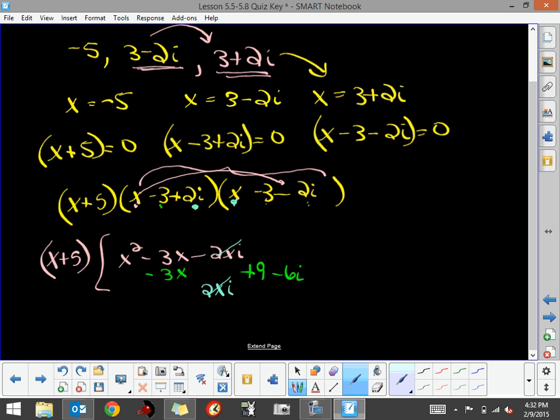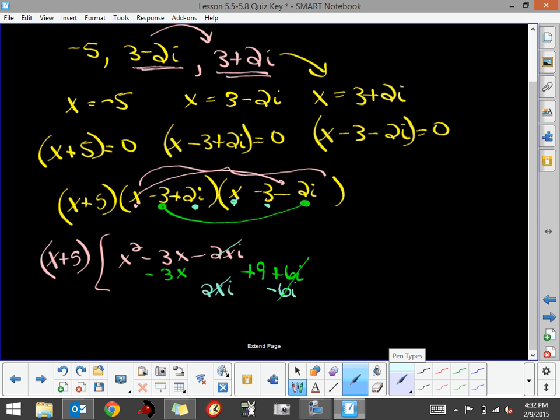And then I got to take the 2i times a negative 3, which is a negative 6i. Okay, well now I got to patch that one because if you remember, I got that one by taking negative 3 times, then I had that positive 2i, so now it's going to become a positive 6i. Once again, I was able to sniff that mistake out because I know these i's should cancel. So those are gone.